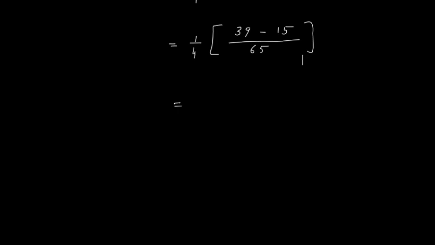This will be equal to 1 upon 4. 9 minus 5 is 4 and 3 minus 1 is 2. So 1 upon 4 into 24 upon 65. Now 4 ones are 4, 4 sixes are 24. So finally we get 6 upon 65. 6 upon 65 is my final answer.